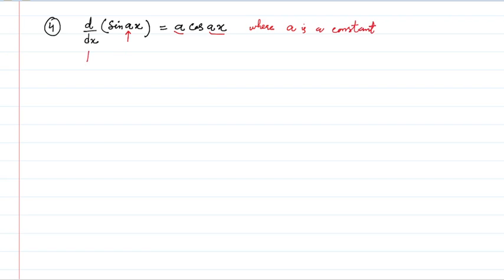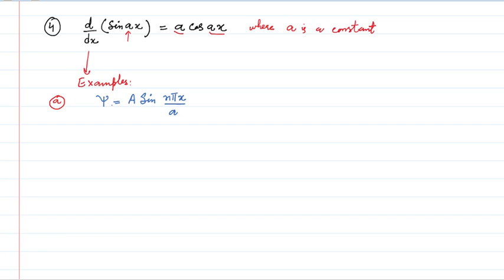Now examples based on this one. The first example: suppose psi is equal to, I am writing here a wave equation, something like that, a sine n pi x upon a. You will encounter these equations in quantum chemistry.